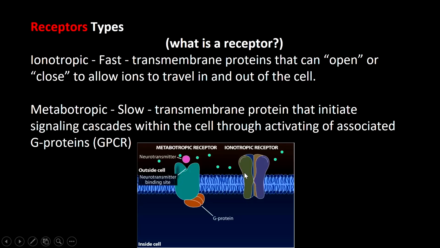Okay, and then the question is, what is a receptor? A receptor is a molecule that receives signals. Most of the time that will be a protein, and most of the time they are on the surface of the cell, so they can receive signals from the environment. Can be your internal environment.